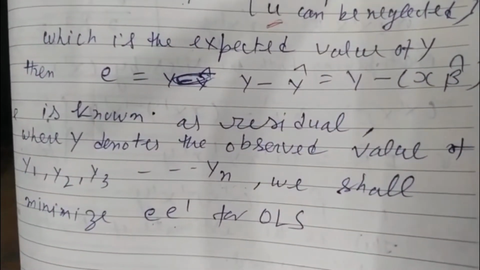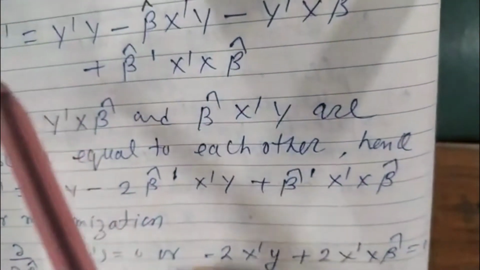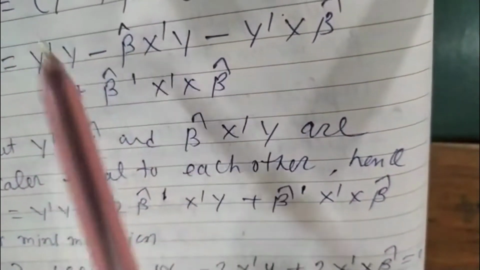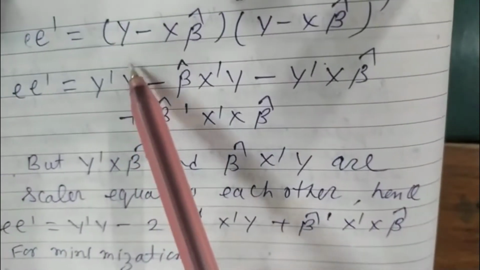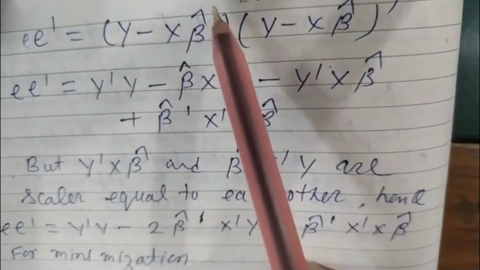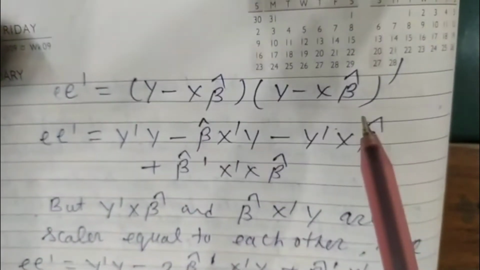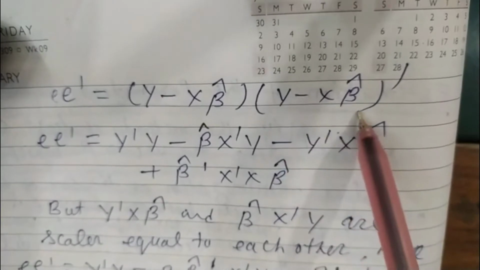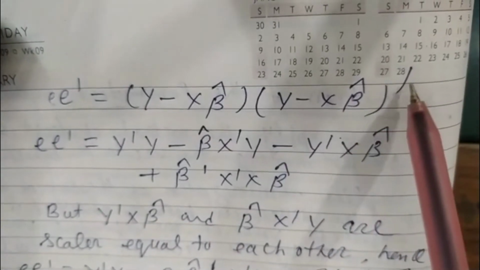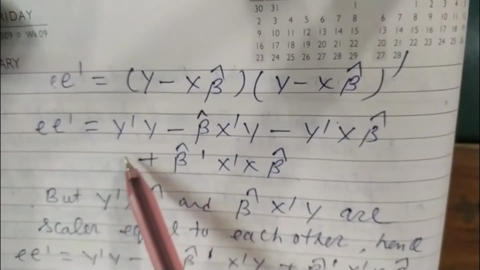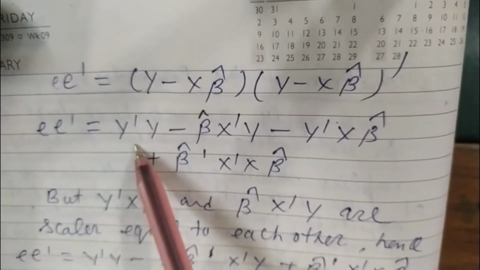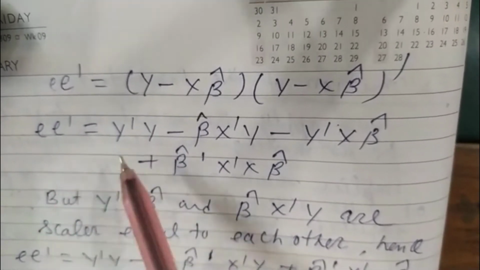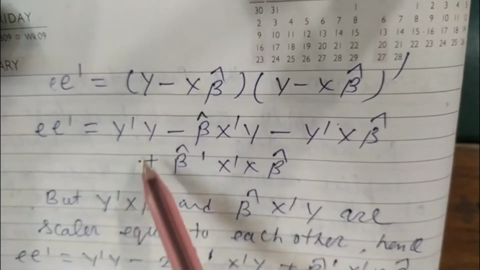with the help of the ordinary least squares method. E transpose E, because e is equal to y minus x estimated beta, times the transpose of this matrix: y minus x estimated beta, transpose. E dash is equal to y transpose minus estimated beta transpose x transpose.